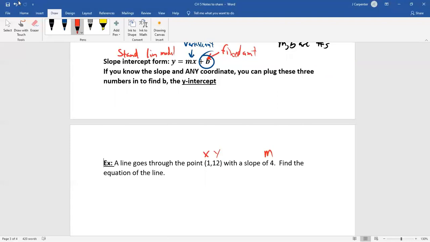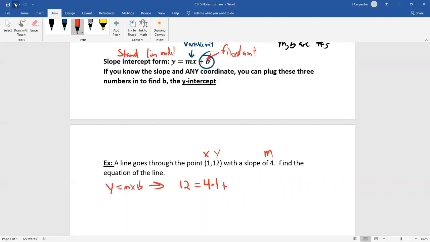So all we're going to do is plug these three numbers into this where it looks like they would go. So instead of y equals mx plus b, the y is the 12 equals, the m is the 4 times, the x is the 1 plus, the b is the, well, what's the b?